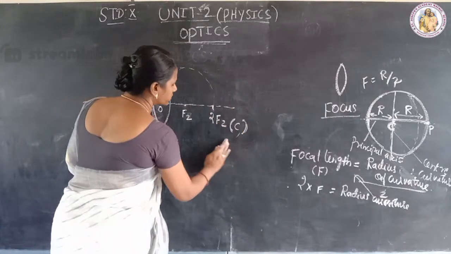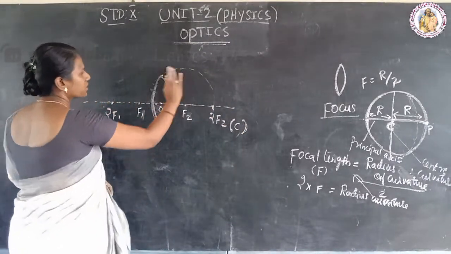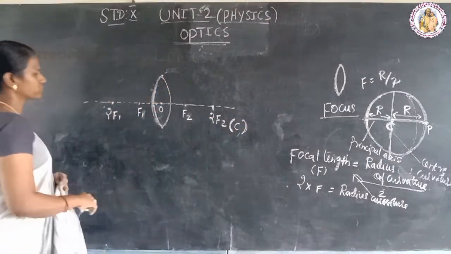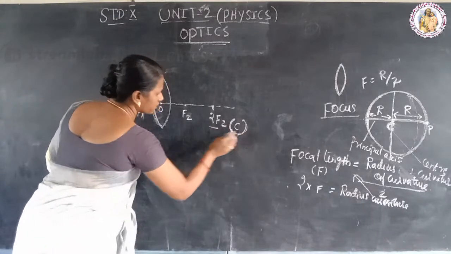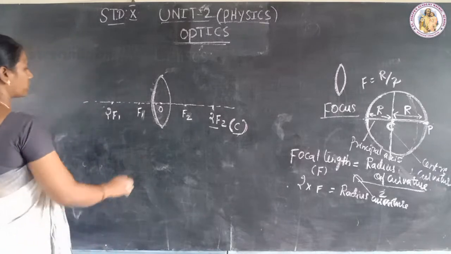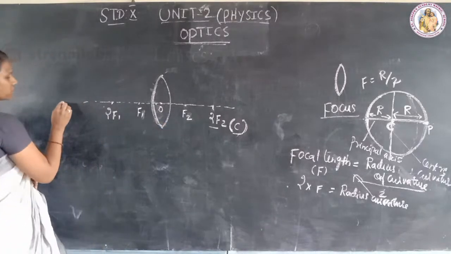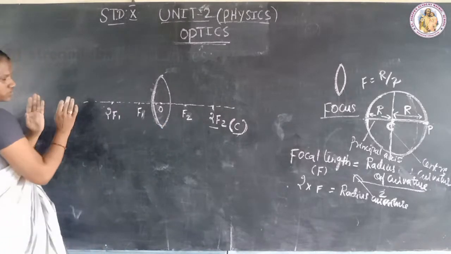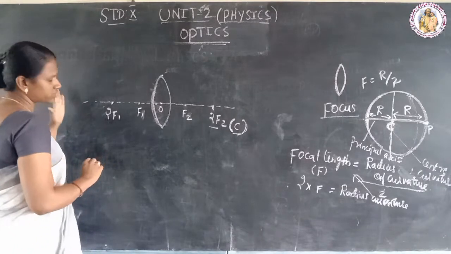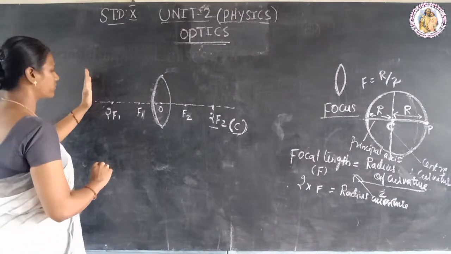So 2F2 is C here. If I keep the object beyond C, on the left hand side, the object is at the left hand side.